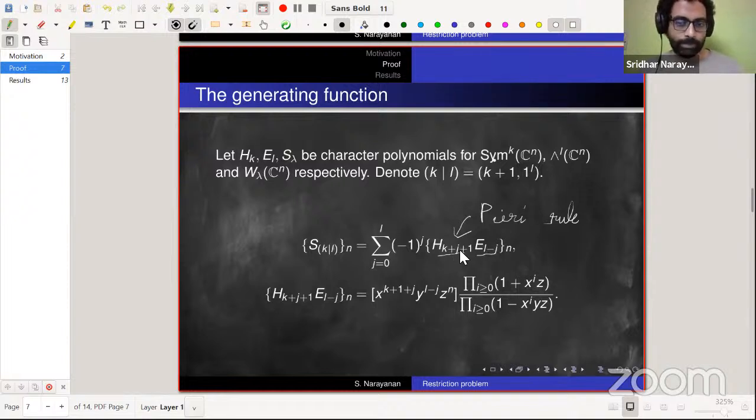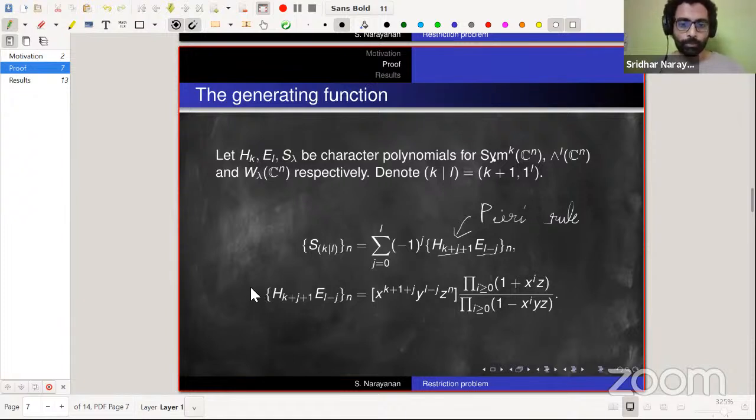If you compare the j and the j plus 1 term, you'll notice that the subscript of h increases by 1, while simultaneously the subscript of e decreases by 1, and the sign changes. So this is something you should keep in mind: when you consider consecutive terms, the value of the h increases by 1 while the value of the e decreases by 1, or vice versa, and the sign also alternates between those two consecutive terms.